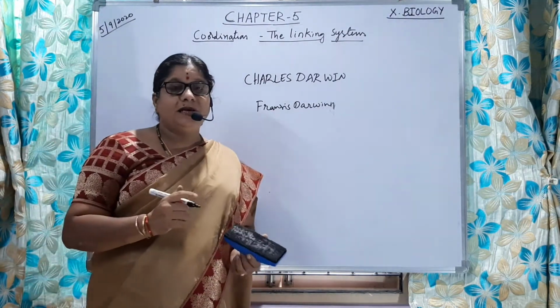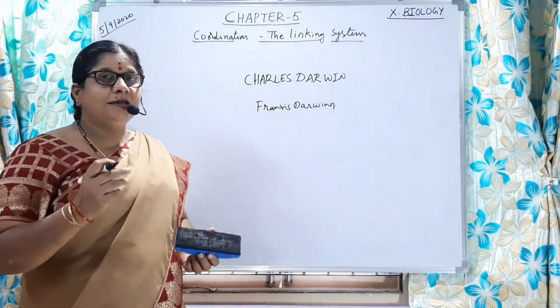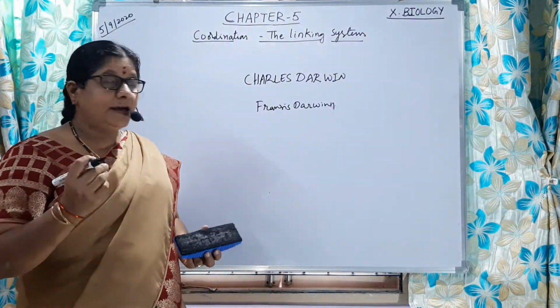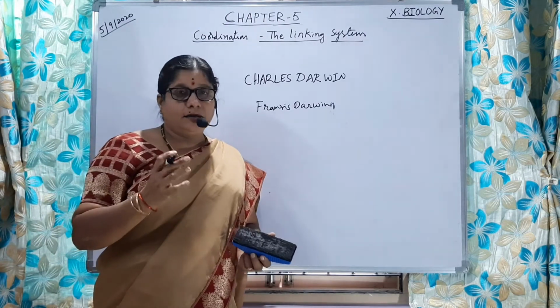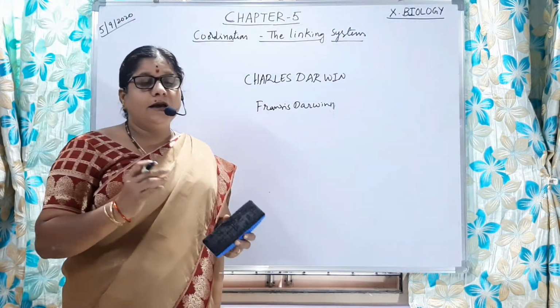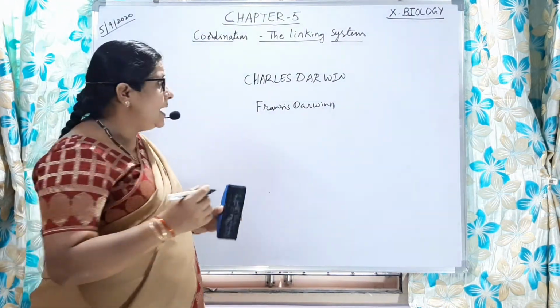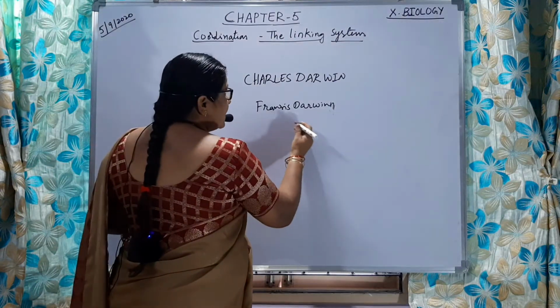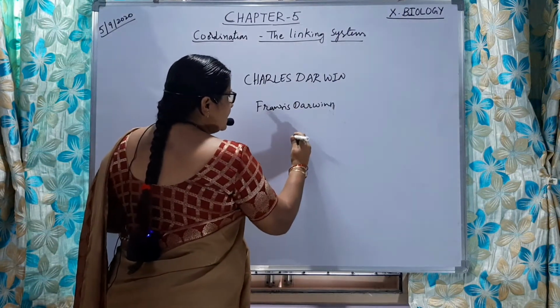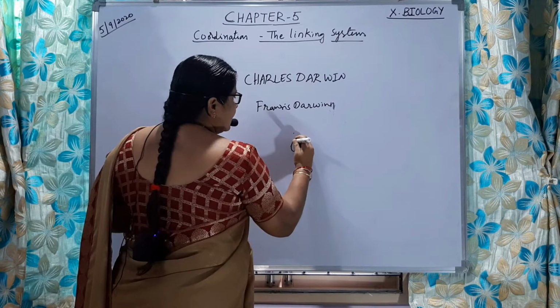They took the oat plant, covered the tip of the stem with silver foil, and observed the direction in which the plant portion was growing.